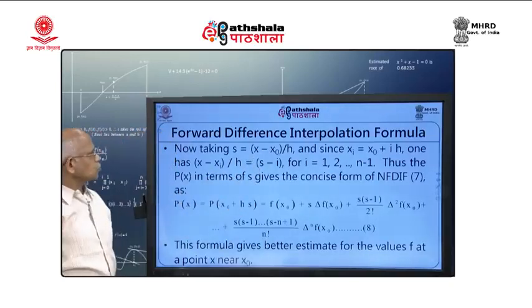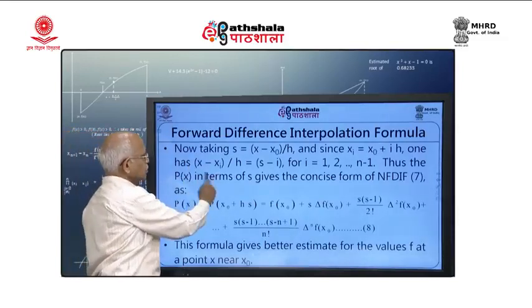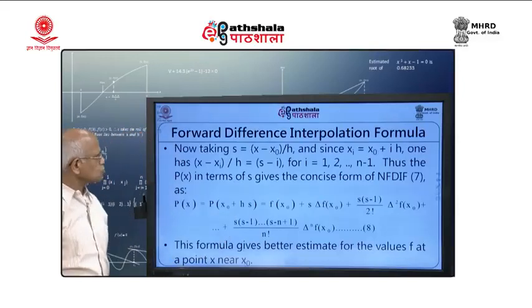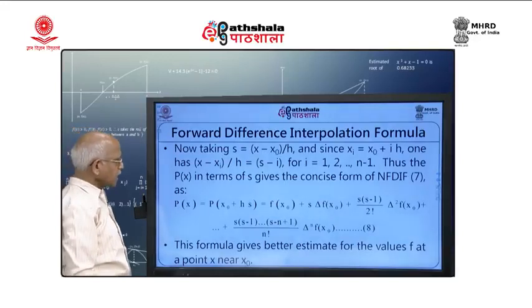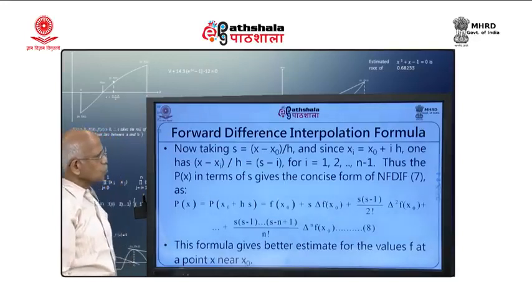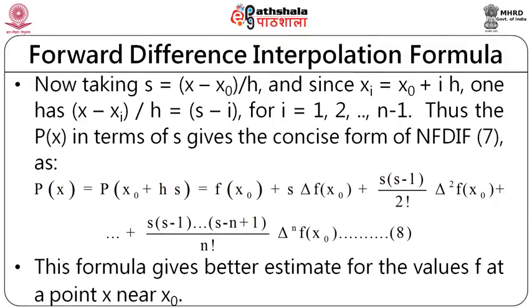And so, for i equal to 1, 2, 3 up to n minus 1, this whole ratio will be represented by just the factor s minus i. Thus, p(x) in terms of s gives us the concise form of Newton's forward difference interpolation formula 7, and that is p(x) equal to p(x0 plus hs), because I am now writing p(x) in terms of s. So, from here I will get hs plus x0 as x.